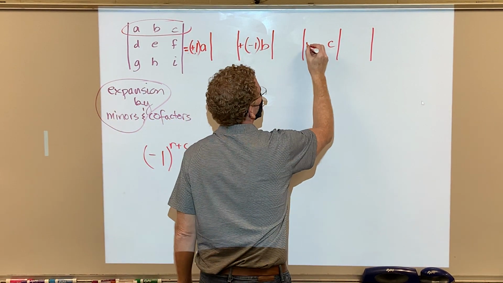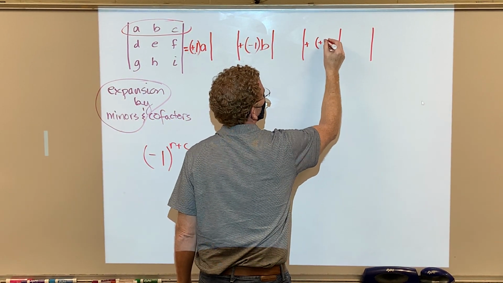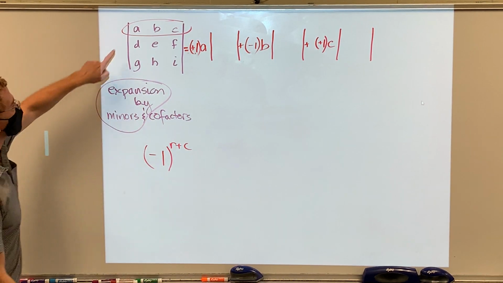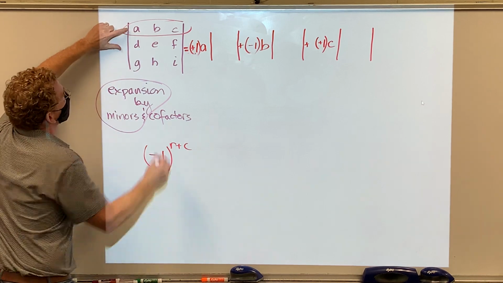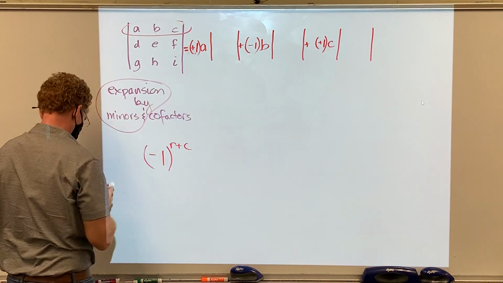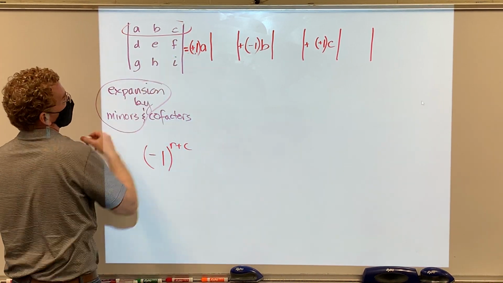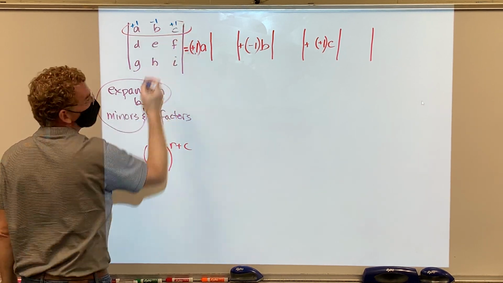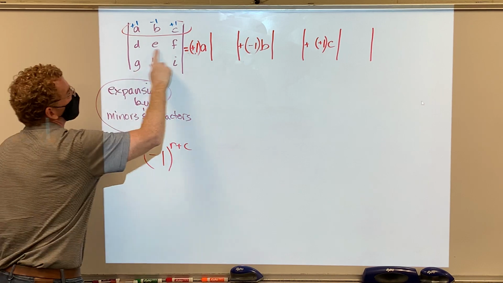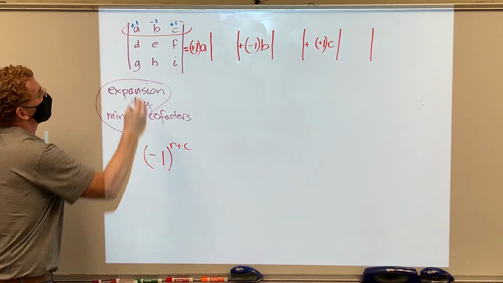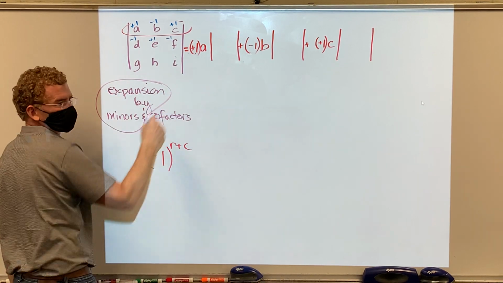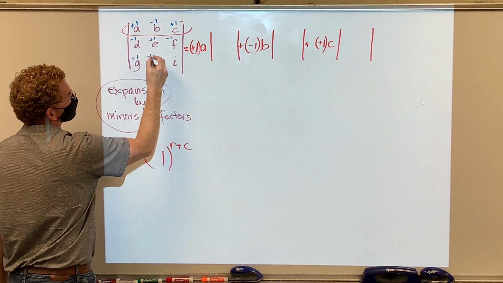So here, I'm going to multiply C by a +1, which does nothing. Now, if you think about this, the top row is going to get multiplied by a what? If you chose the top row, you're multiplying by +1, -1, +1. But what if you pick the second row? Then it ends up being -1, +1, -1. Or if you pick the third row, +1, -1, +1.